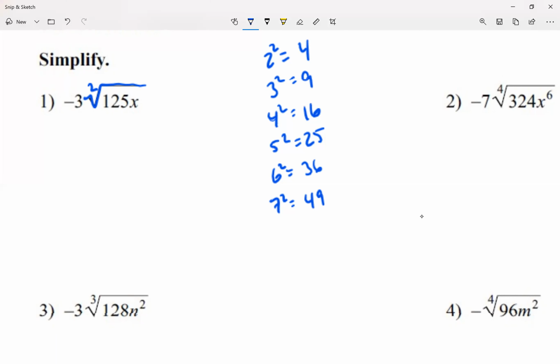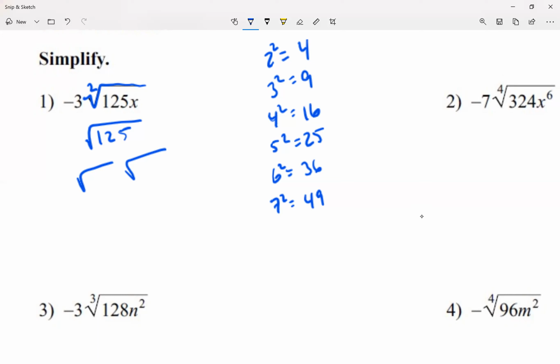Now, the way I'm going to simplify this radical, let me worry about the number for the moment. So I'm looking at the square root of 125. The way I'm going to split this, I'm going to split it into 2 radicals. They're still going to be the same root. So square root, I want to think of 2 numbers that multiplied equal 125.